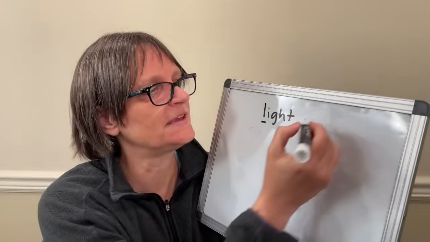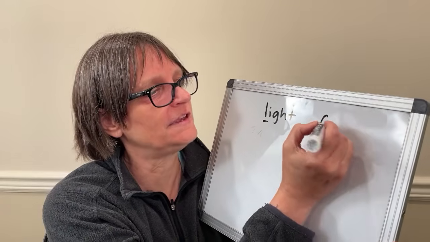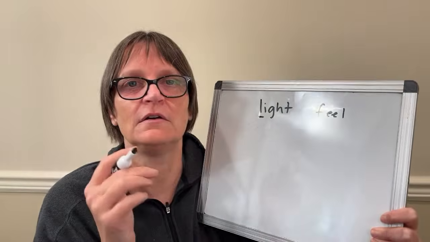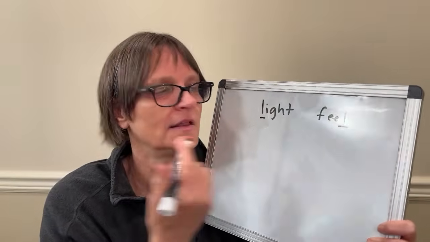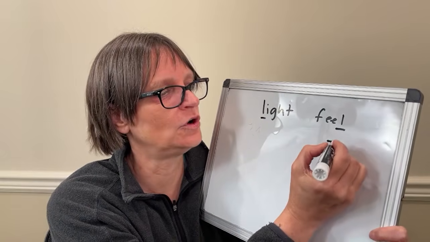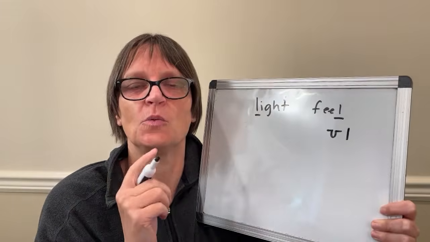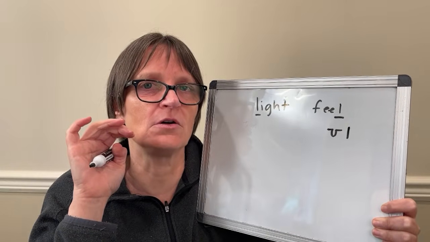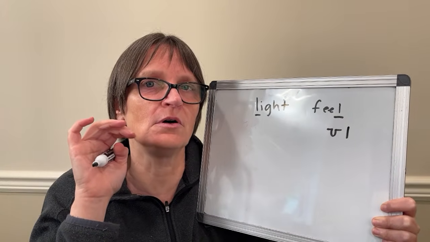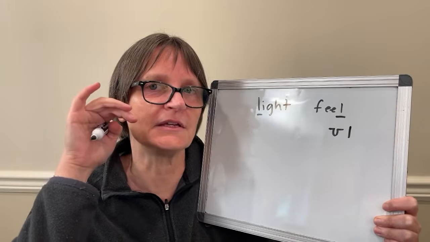When I'm saying something like feel, basically that L is going to have a little bit of a sound before it. So what I want is my back of my tongue to be in the shape that it is if I say good or book. So the back of the tongue is lifted.